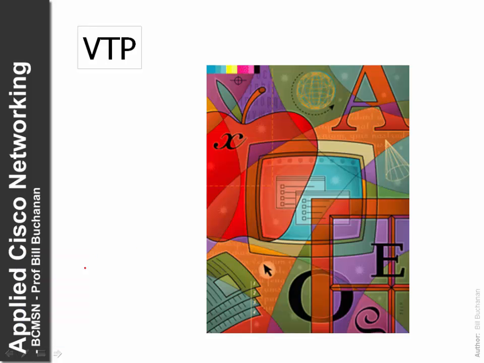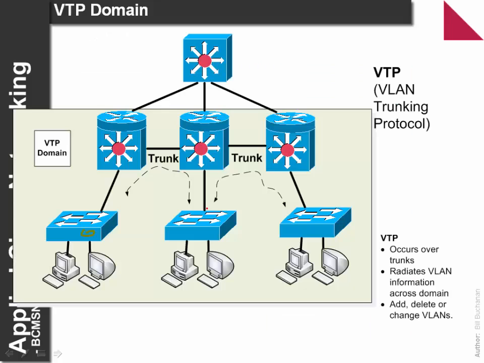An important protocol that is used in switching is VDP, and VDP is important as it radiates information about VLANs across trunk routes, so that it is possible to discover the whole of a network and find out where VLANs are across these trunks.